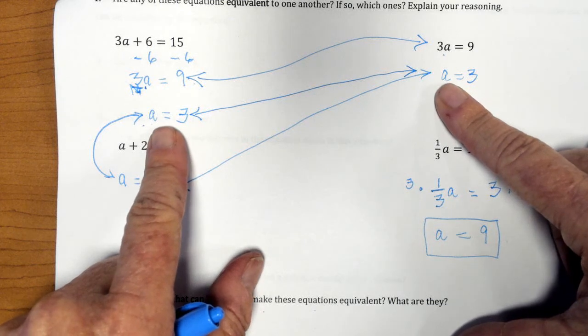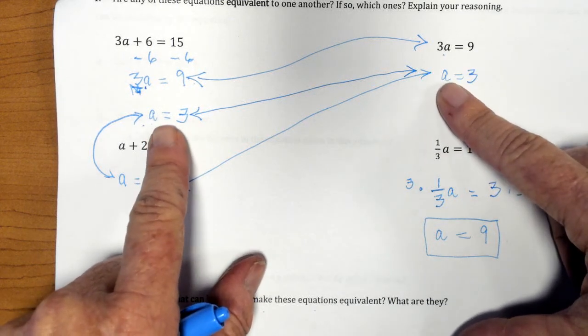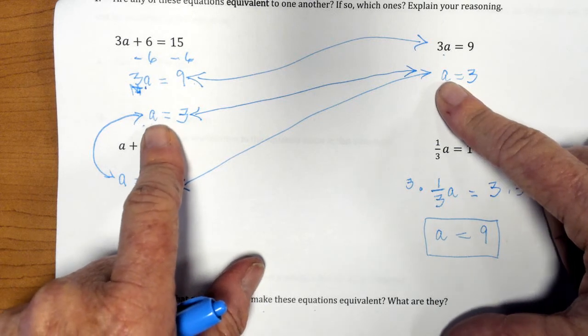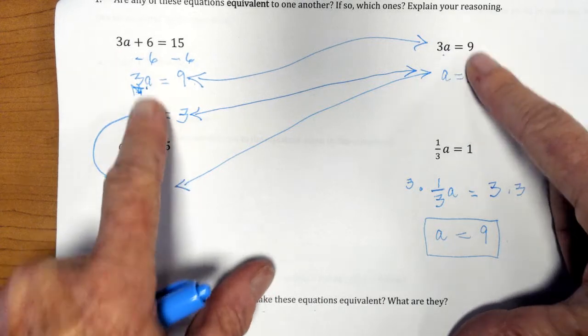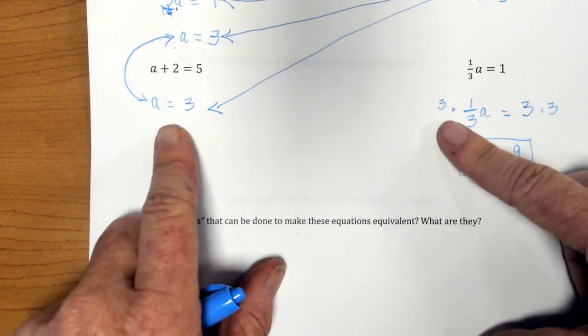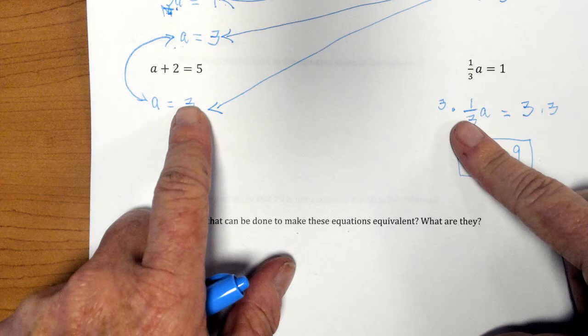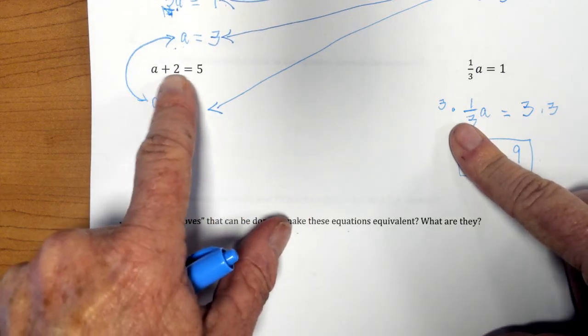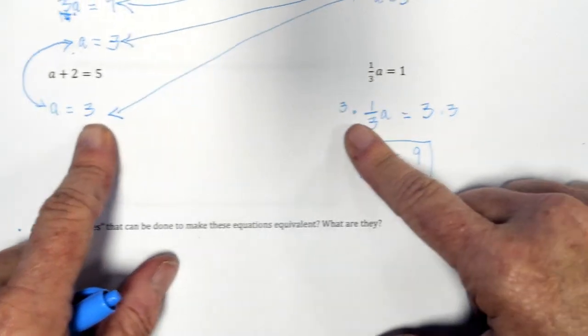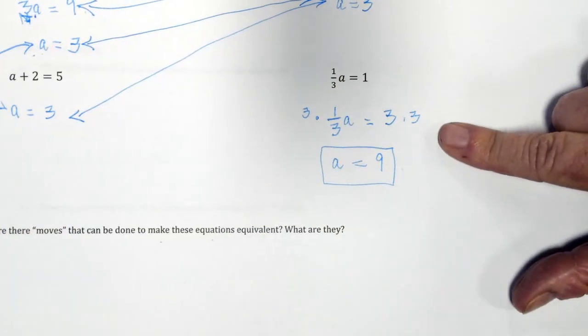Okay, so why are these equivalent? Because I've got the same value of a, that if I substitute a in, it works. So moving on, I'm going to look here, and I'm going to notice that a is equal to 3 here as well, because when I take 3 and add 2, it equals 5. But now I've got this one over here.